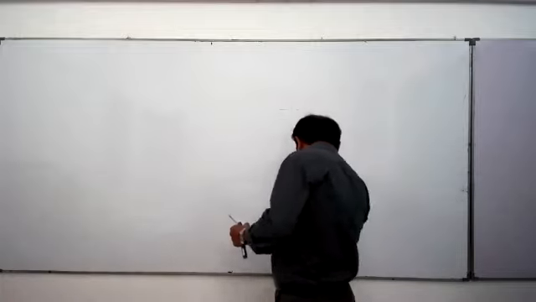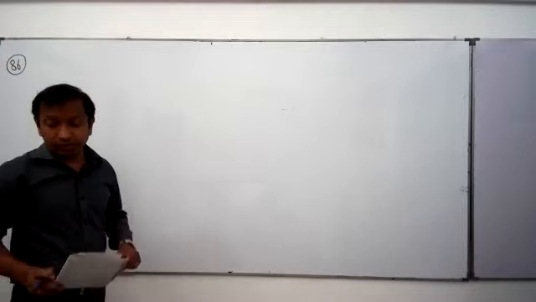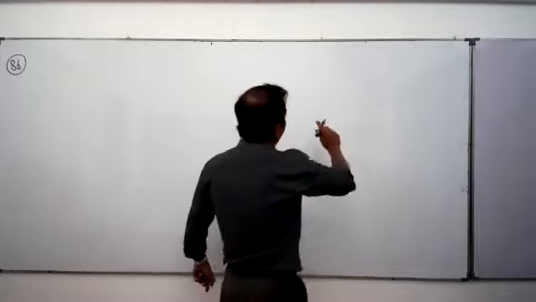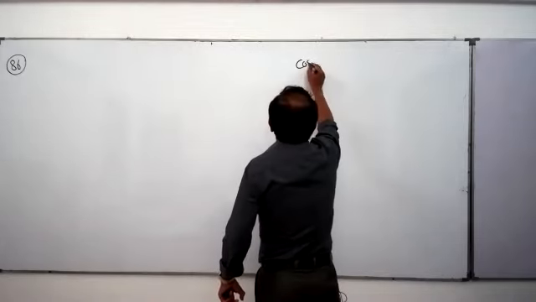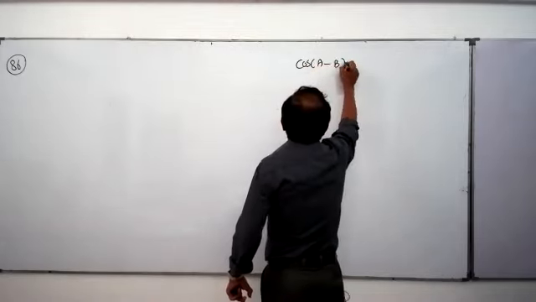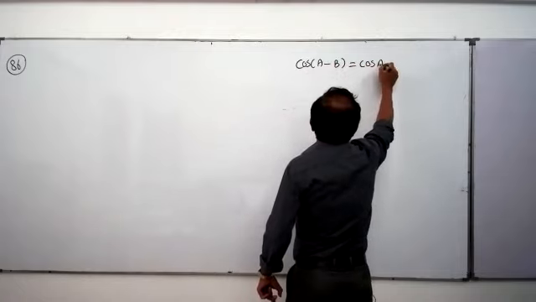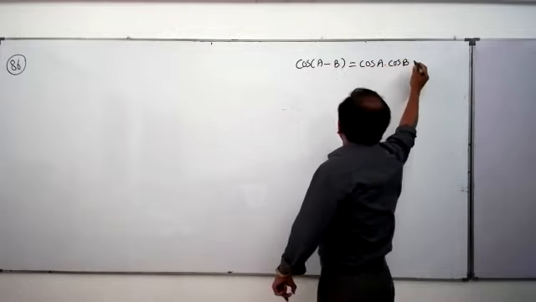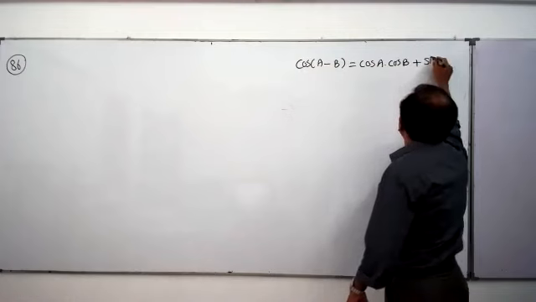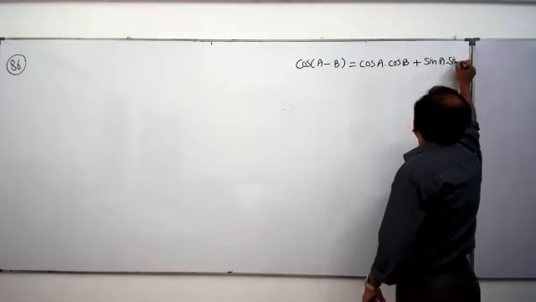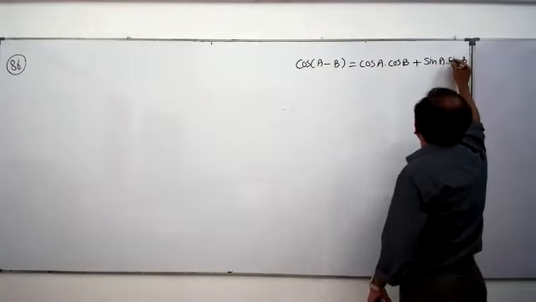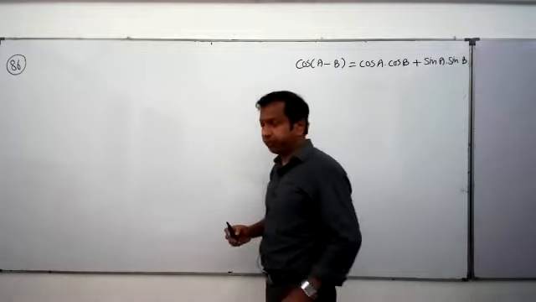I take this proof this way. Question number 86. You know the cos A minus B formula. That formula is what it asks you to prove. Cos A minus B formula is cos A cos B plus sin A sin B. Okay, right.